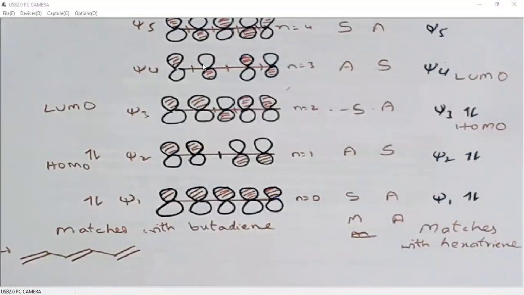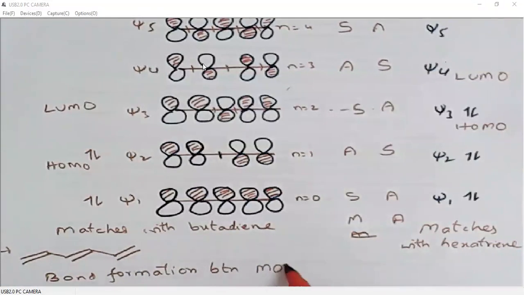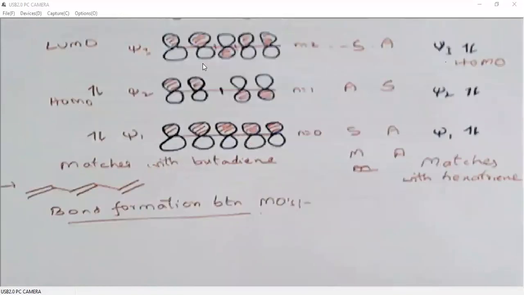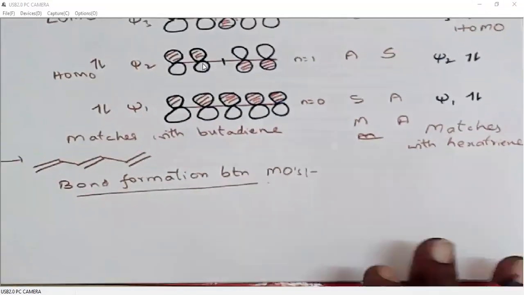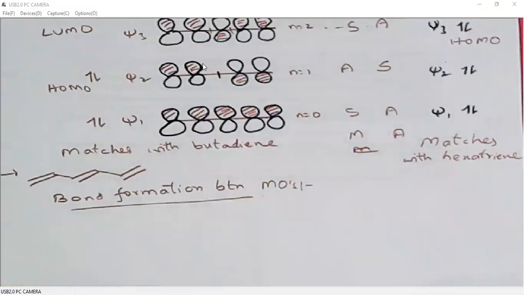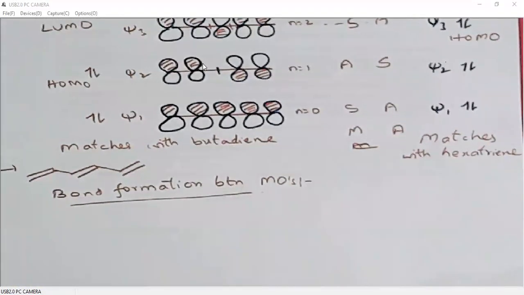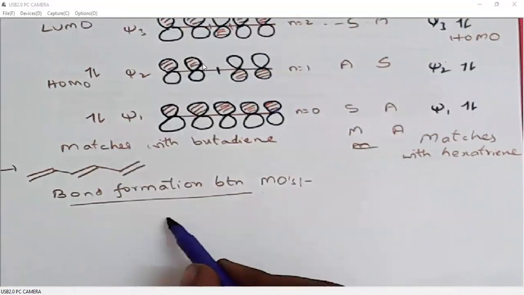Now we will see bond formation between molecular orbitals. In pericyclic reactions, the orbital orientations are important when we want to do a reaction. There are two types of bond formations in a pericyclic reaction. I will represent the two.